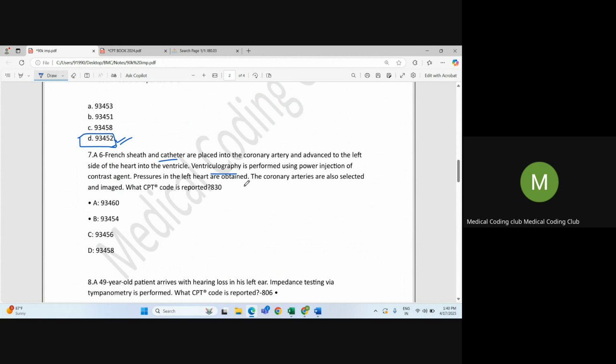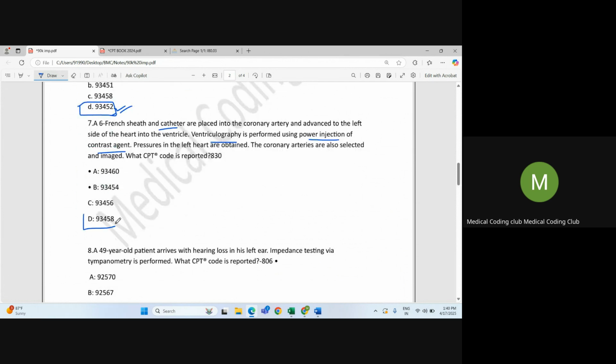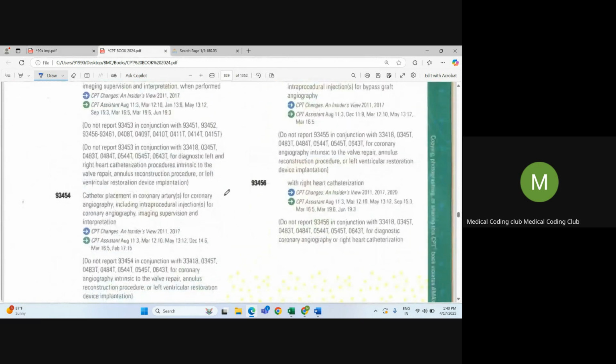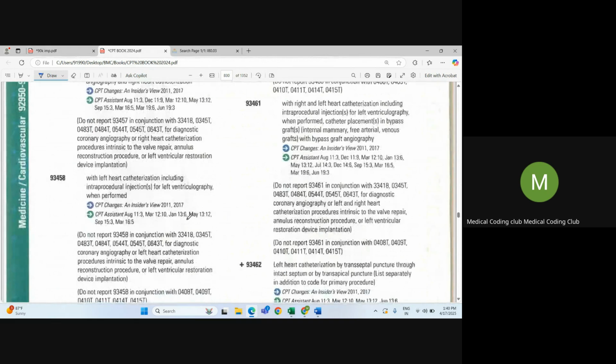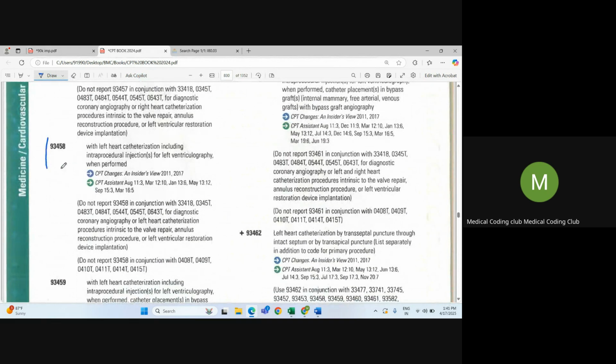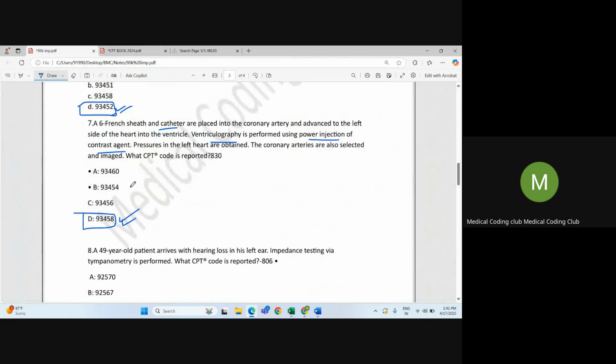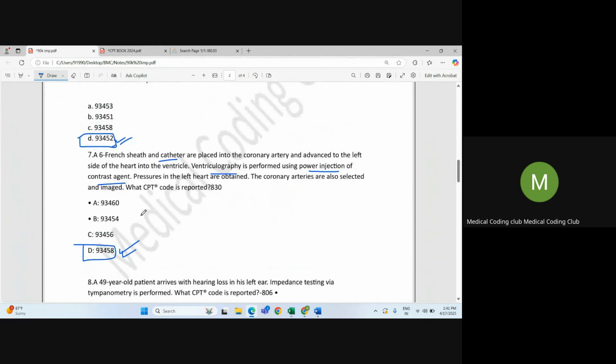The correct answer for this, performed using power injection of contrast agent, the contrast agent code is 93458. I'll show that. 93458 will come. So let me explain this question in other videos.